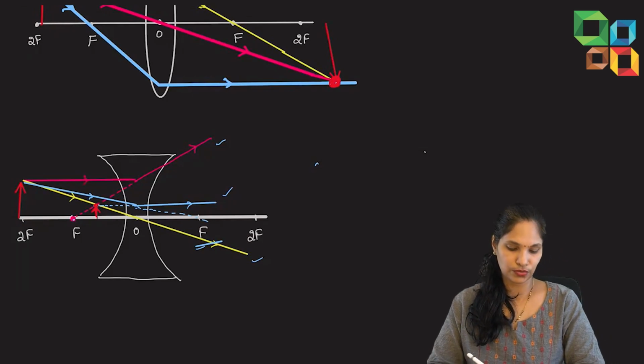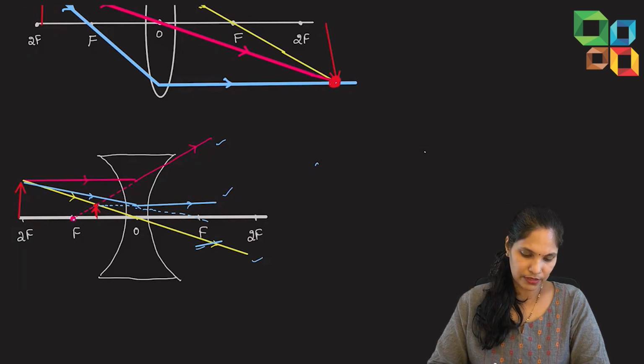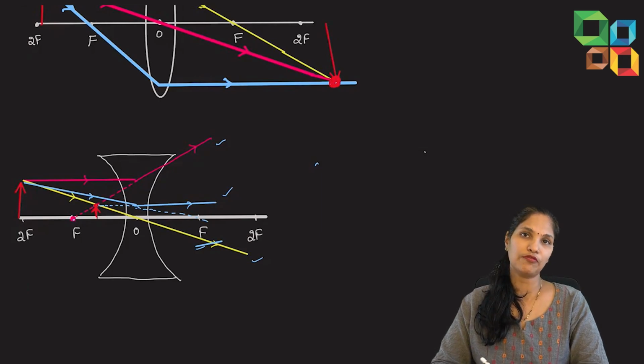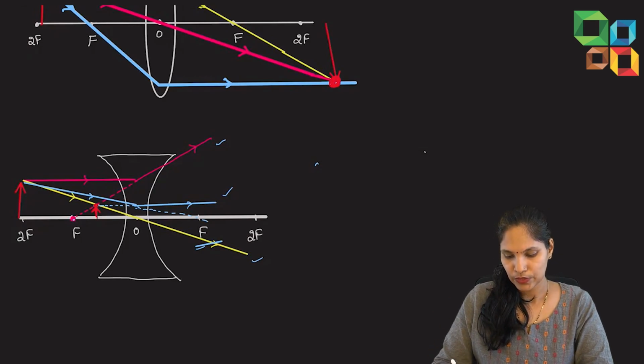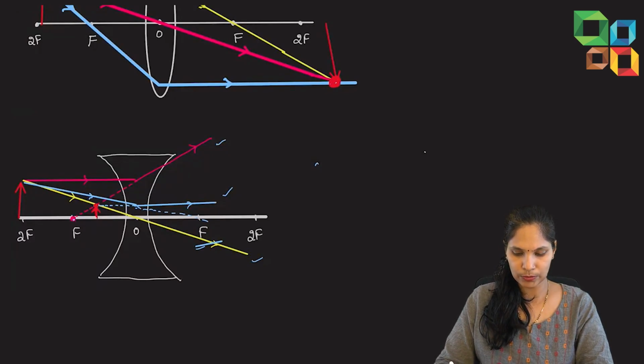You try with different object positions. You keep it anywhere you want, like at 2F, anywhere you want. You will see that the image is always between F and O only. The position will vary slightly, but it will not come out of that. You can keep this as a reference and try that.